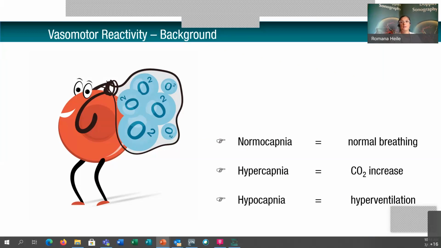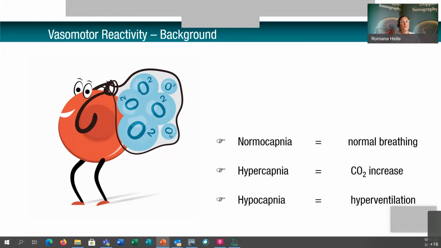The second test period always looks at the vasodilatation, so the ability of the vessel to dilate, to let more blood in. And this is done by increasing the CO2 concentration. This test period is called hypercapnia.